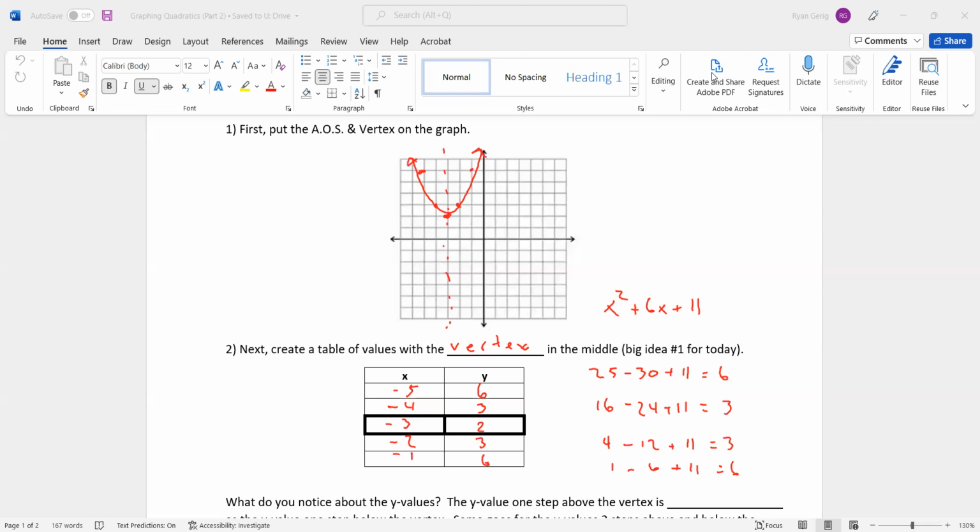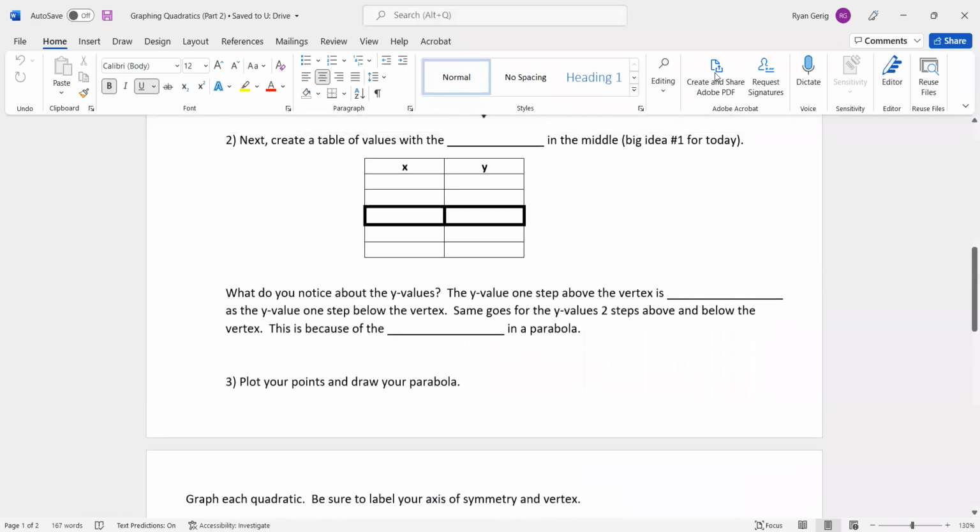Okay, I'm going to go ahead and clear all that and talk about the repeated numbers that we saw in the table. So I'm going to get the table back in there. The y value one step above the vertex is the same as, or equal to, the y value one step below the vertex.